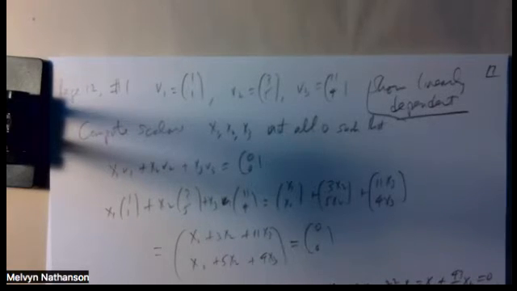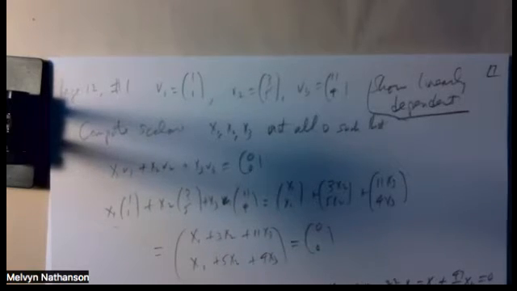That has to equal 0. And in the second equation, I get x1 plus 5x2 plus 4 times this, 8 over 7 x2, which is x1 plus 43 over 7 x2 equals 0.